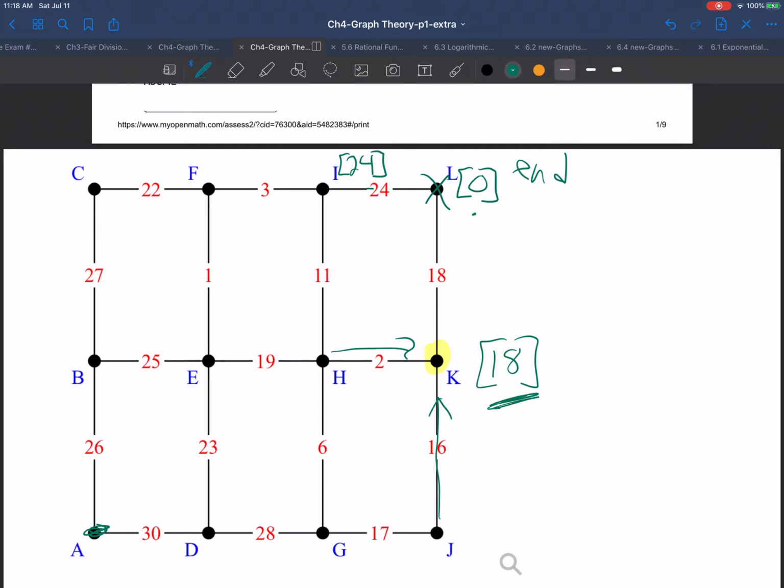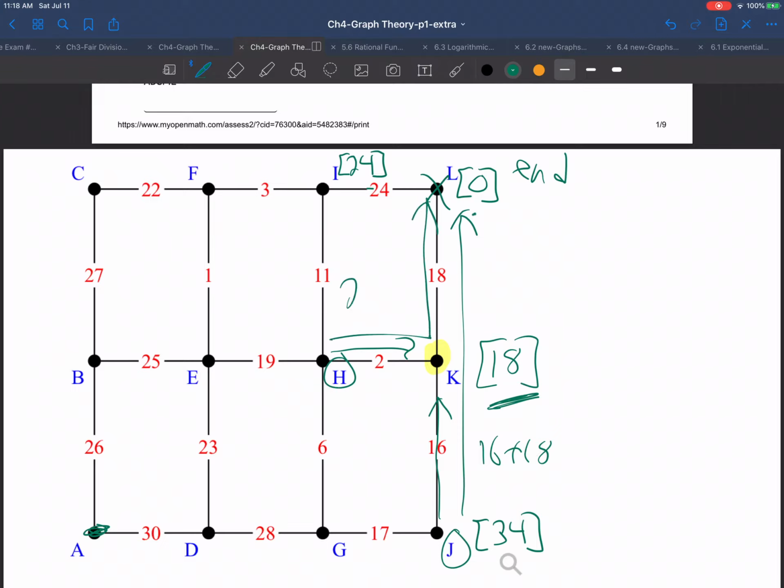Well, then how far is J from the end? 16 plus 18, which is, what's that? 34, I think. 34. See what I did there? And how far is H from the end? Well, 2 and 18. 2 plus 18. In other words, he's 20, isn't he? Get rid of all this. He's 20.